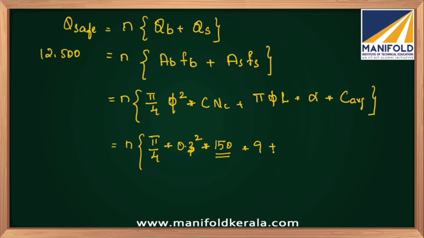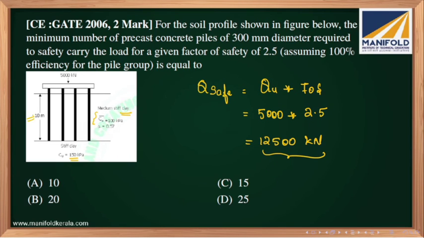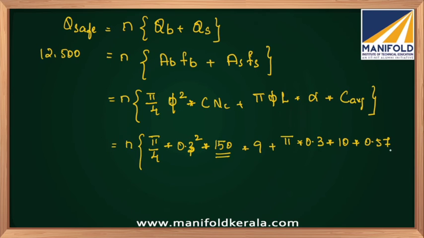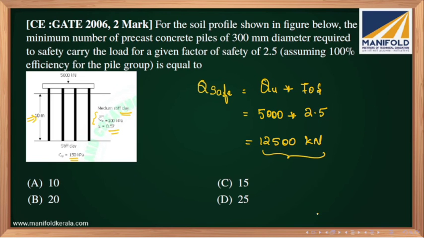Into NC is 9, plus pi into diameter 0.3 meter, and the length of the pile 10 meter, and the adhesion factor 0.57. The average cohesion along the length of the pile is even, equal to 100. By simplifying this, we get N into 632.32. Further simplifying, N is equal to 19.77, which is 20 numbers.